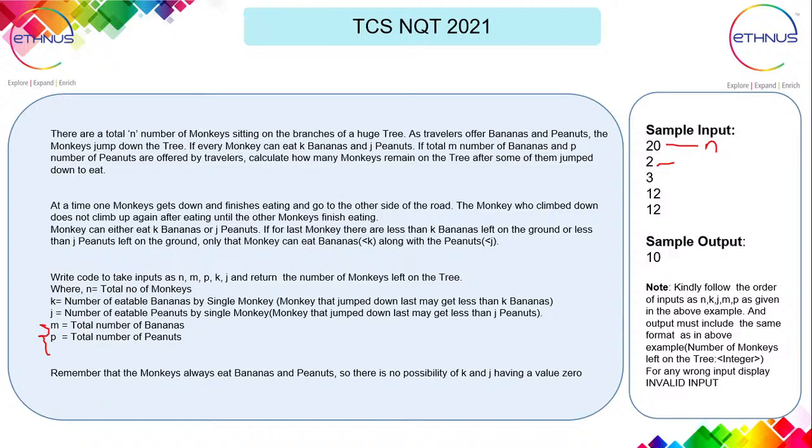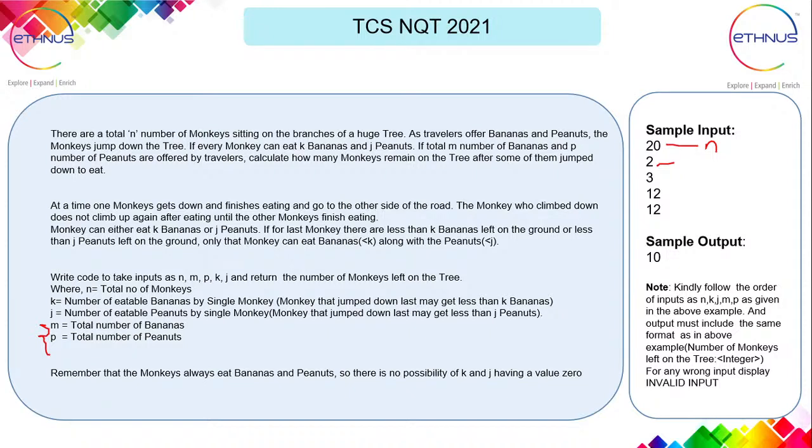The sample output is 10. How did we arrive at the sample output 10? Let's see. There are 20 monkeys. We have 12 bananas and 12 peanuts. Each monkey can eat either 2 bananas or 3 peanuts.